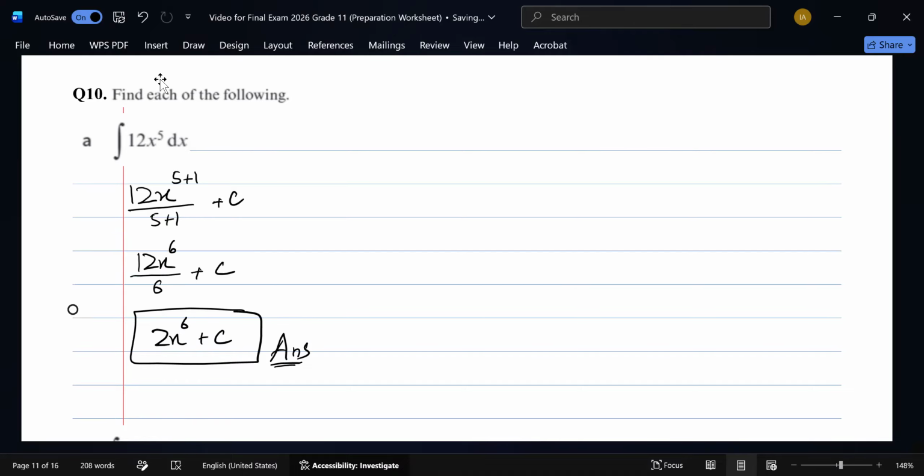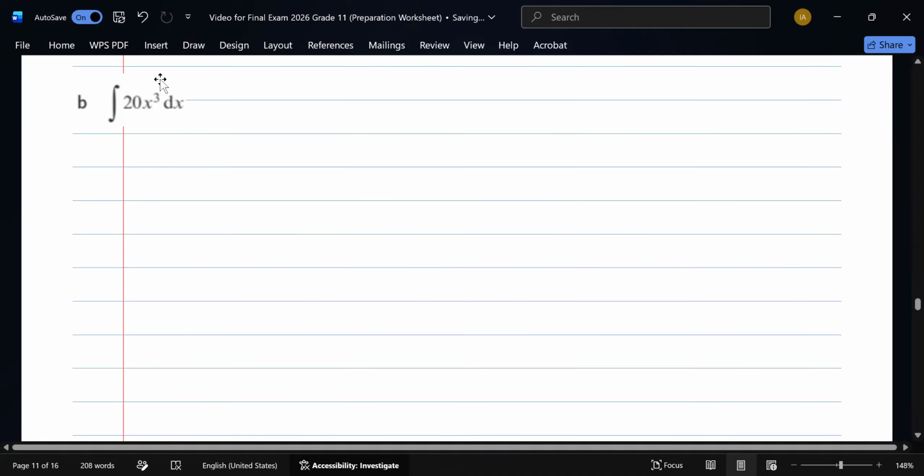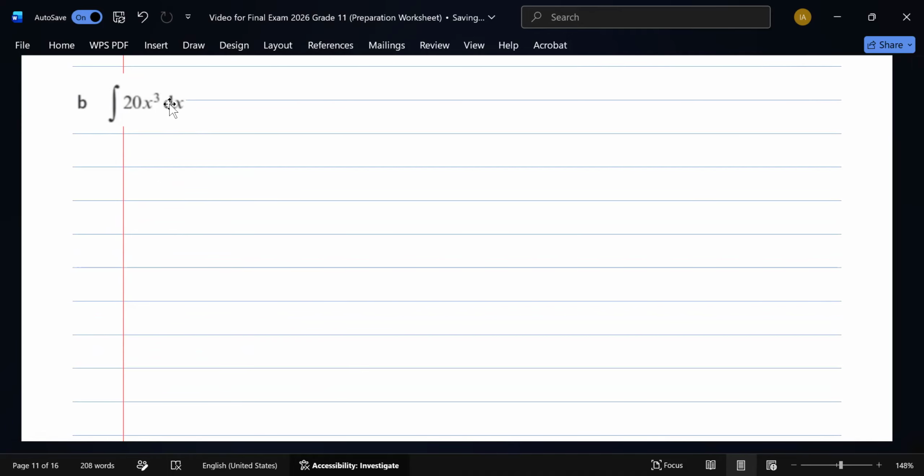Right? Okay, let's move on to the next question and we apply the rules of integration in this part. Again, you can see the operator tells you that you have to integrate only x, means 20 will remain the same as a constant. So we write 20 first. Then we add 1 in the power and we divide by the same power.